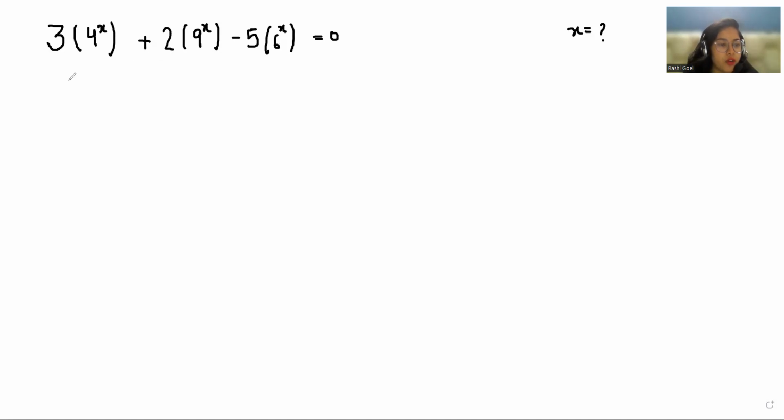So for the given equation, the first step I'm going to take is dividing the whole equation by 4 power x.